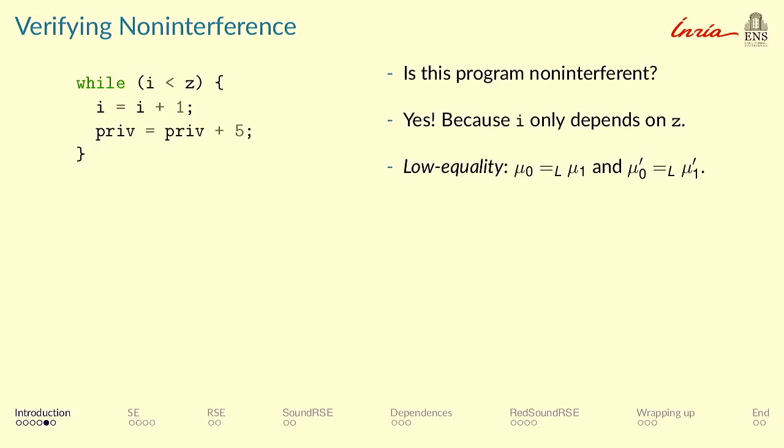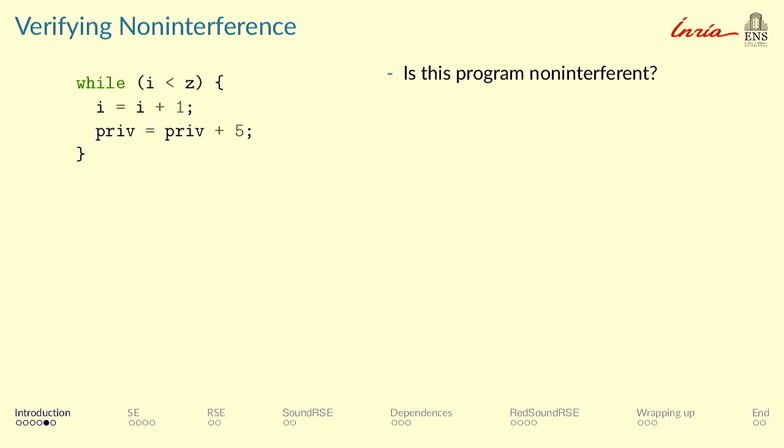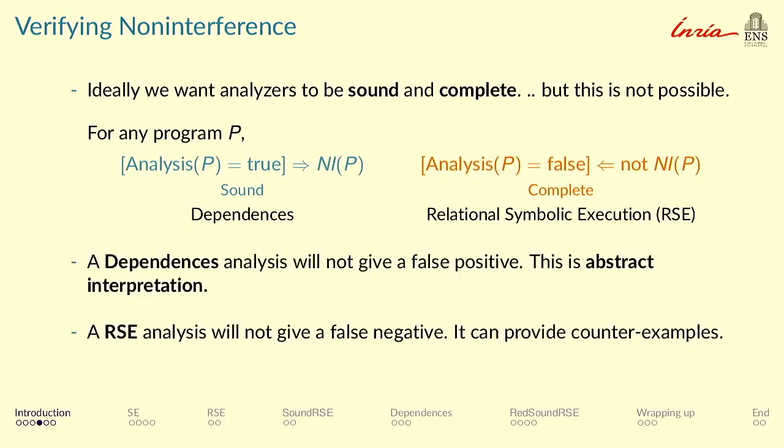So I think the way to think about it at a higher level is that to have a complete and sound analysis, it would mean that we have a perfect abstraction of the whole semantics of the program. Basically meaning that we have no over-approximations and no under-approximations in the analysis.